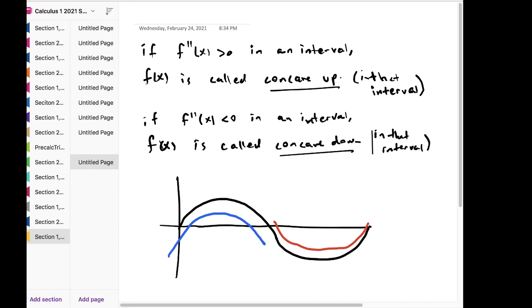So you can draw little frowny faces and smiley faces. Frowny face is concave down, and the smiley face is concave up. And at this juncture, the second derivative is 0.